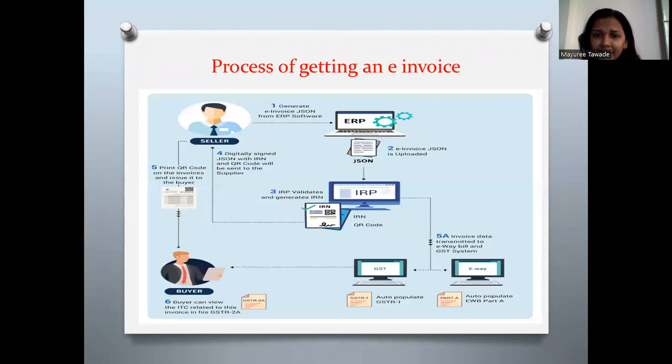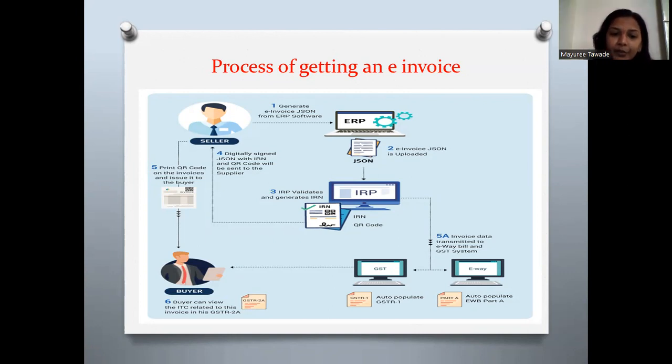Process of getting an e-invoice. So the very first step is to generate the e-invoice JSON from the ERP software. Then second, the e-invoice JSON is uploaded. Then third, IRP validates and generates the IRN. After that, the digitally signed JSON with IRN and QR code will be sent to the supplier. Print the QR code on the invoice and issue it to the buyer.